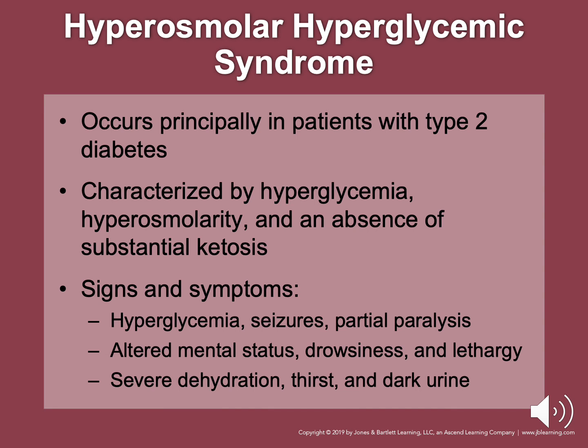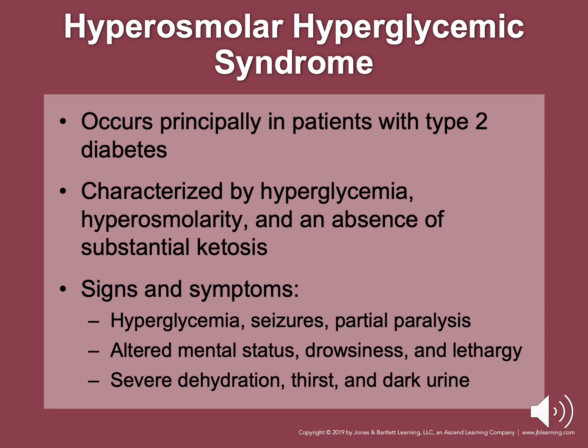All right, hyperosmolar hyperglycemic syndrome occurs principally in patients with type 2 diabetes, characterized by hyperglycemia, hyperosmolarity, and the absence of substantial ketosis. Highly concentrated blood as a result of relative dehydration.